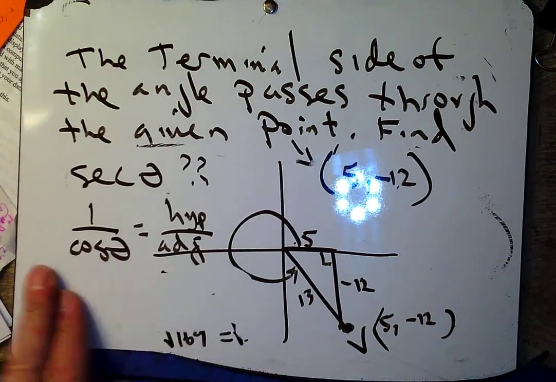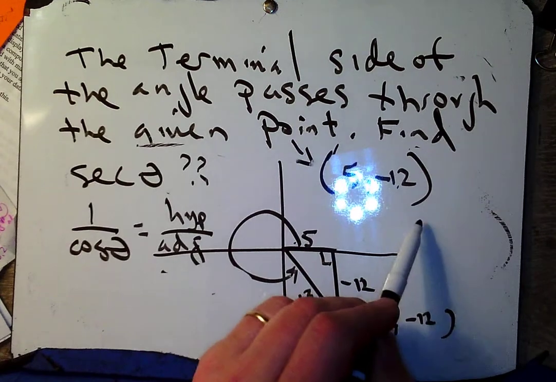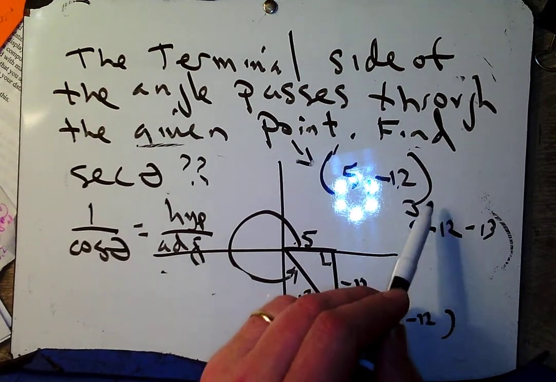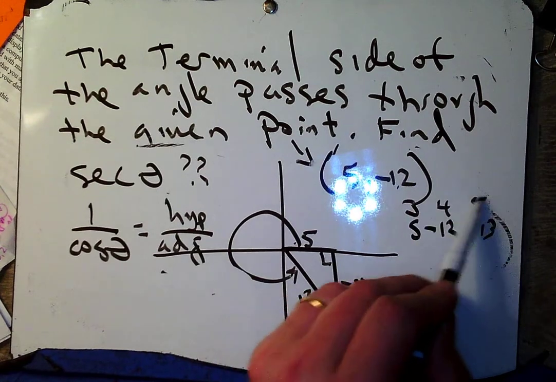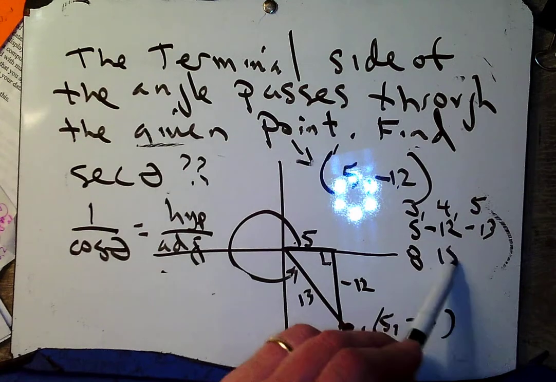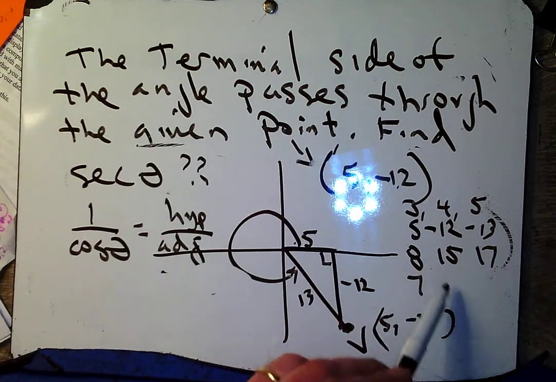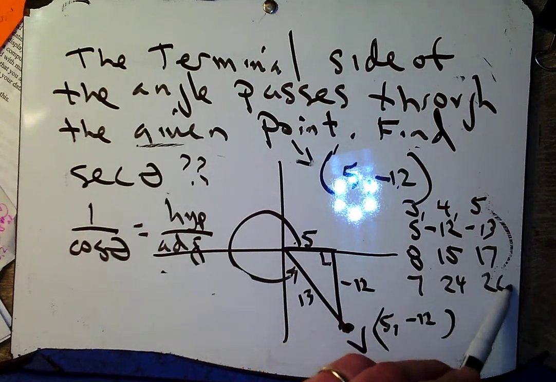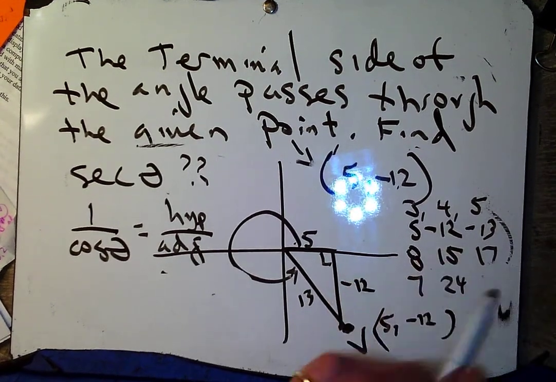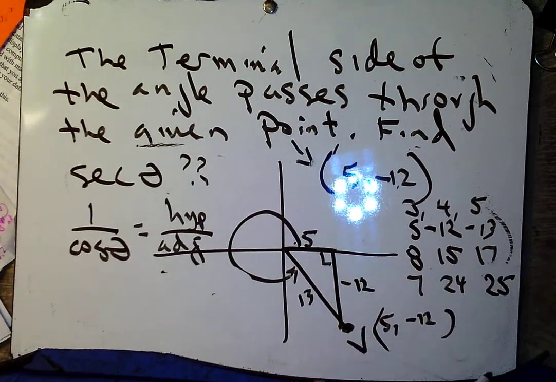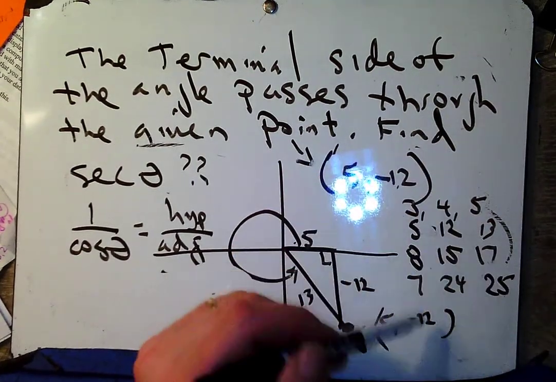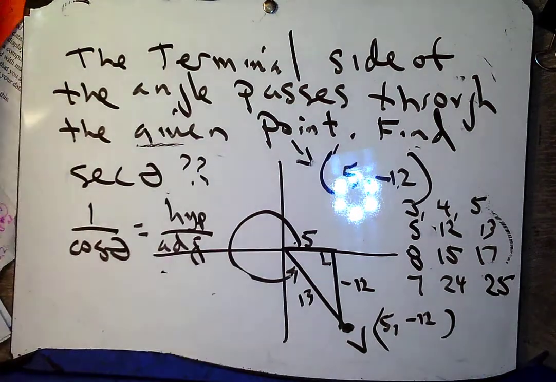I find it easier to recognize the triple. 5, 12, 13. In the last problem, we saw 3, 4, 5. We also know that there's 8, 15, 17, and 7, 24, 25. So these are called our primitive triples, and of course multiples of these work as well.